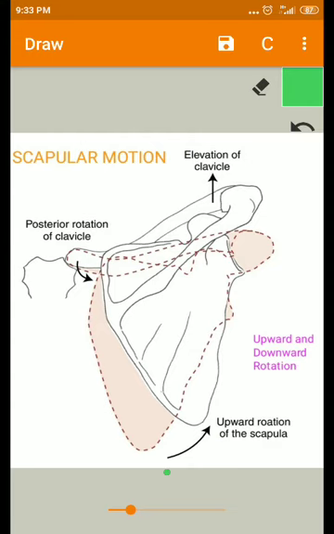So the same thing we are going to study here also, but we are going to see it in view of the resting position of the scapula.